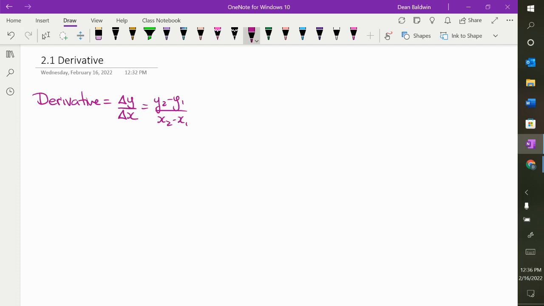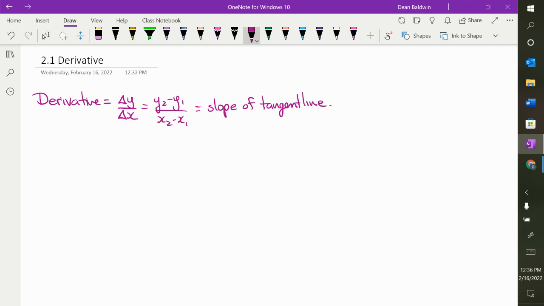Anybody recognize that formula? What is that formula? That's the slope formula. Okay? The derivative is the slope of the tangent line. Did he say that? I think so, vaguely. Slope of tangent line.